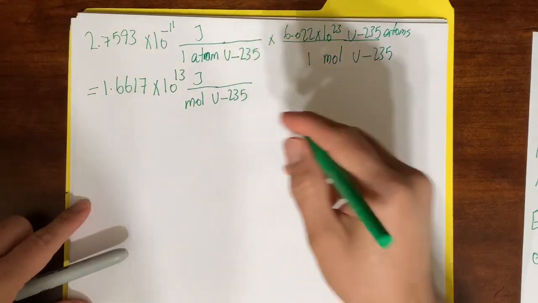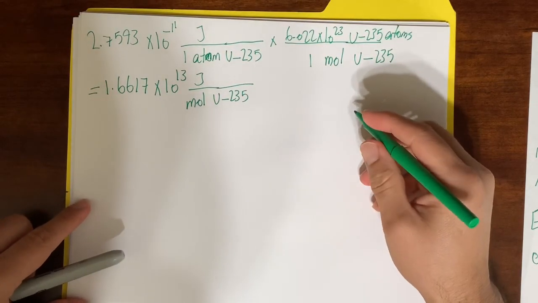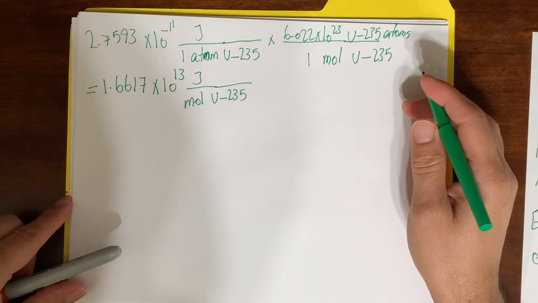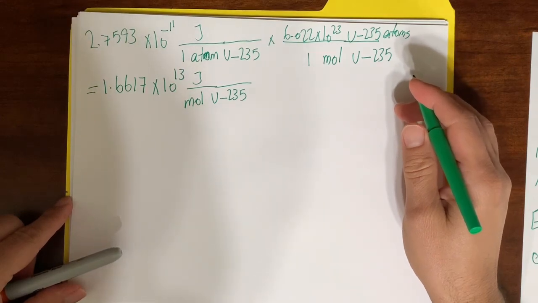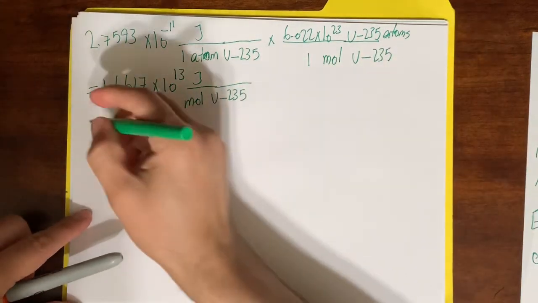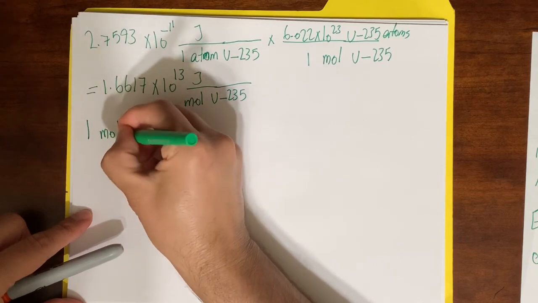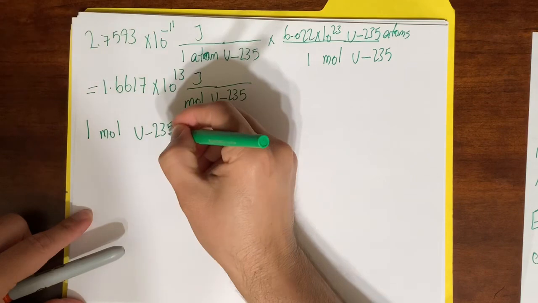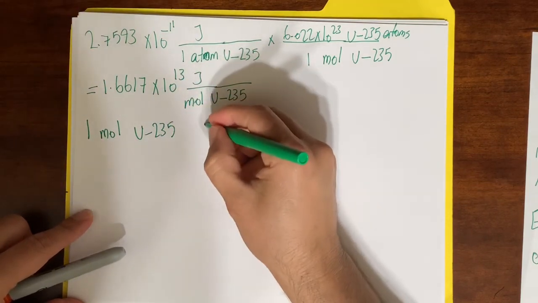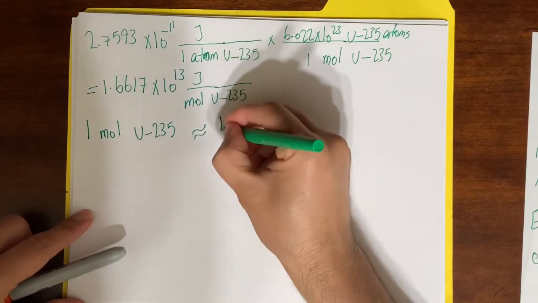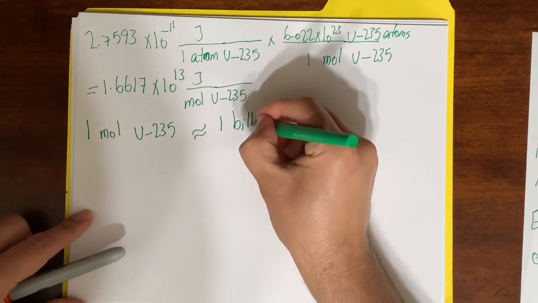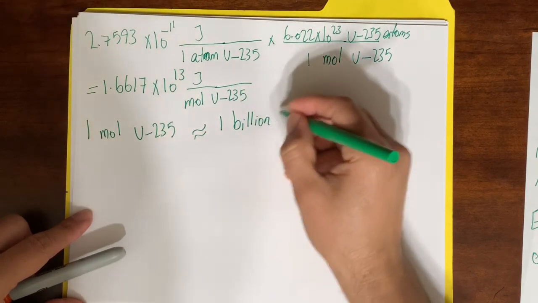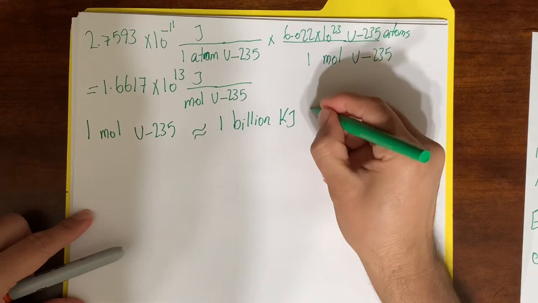This number is a huge number. So we're talking about 1 mole of uranium-235 will give us around 1 billion kilojoule energy.